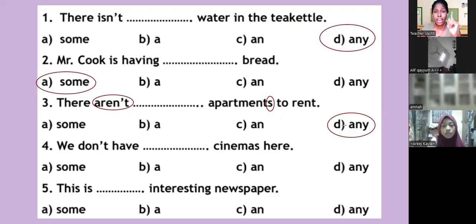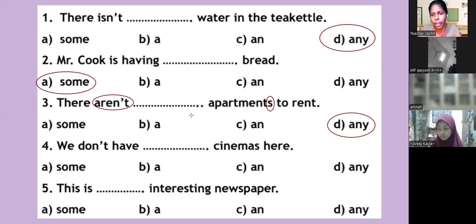Any. Kalau ayat positif, baru guna some. You understand? Kalau plural, barulah boleh guna some. Kalau ada satu sahaja, baru pilih a atau an.